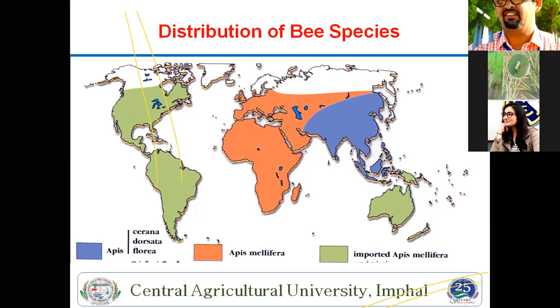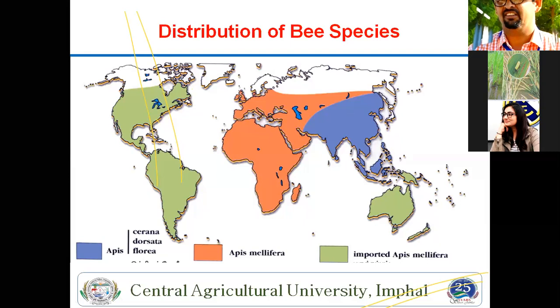One is Apis cerana indica, found in southern India. Another is Apis cerana cerana, found in the central part of India. Then another is Apis cerana himalayana, found in our northeast area. So 3 subspecies of Apis cerana are there, and the common name of Apis cerana is Indian bee. So this is the difference between Apis cerana and Apis mellifera.